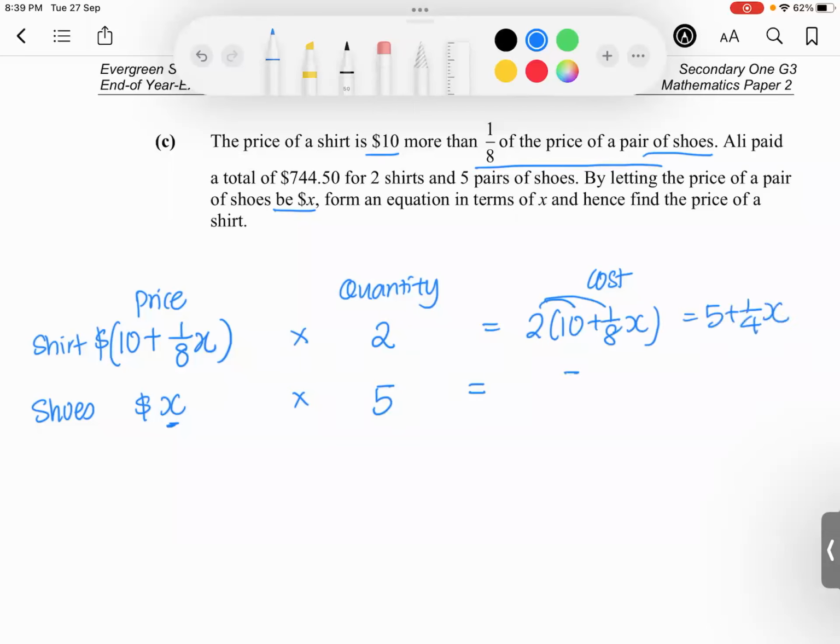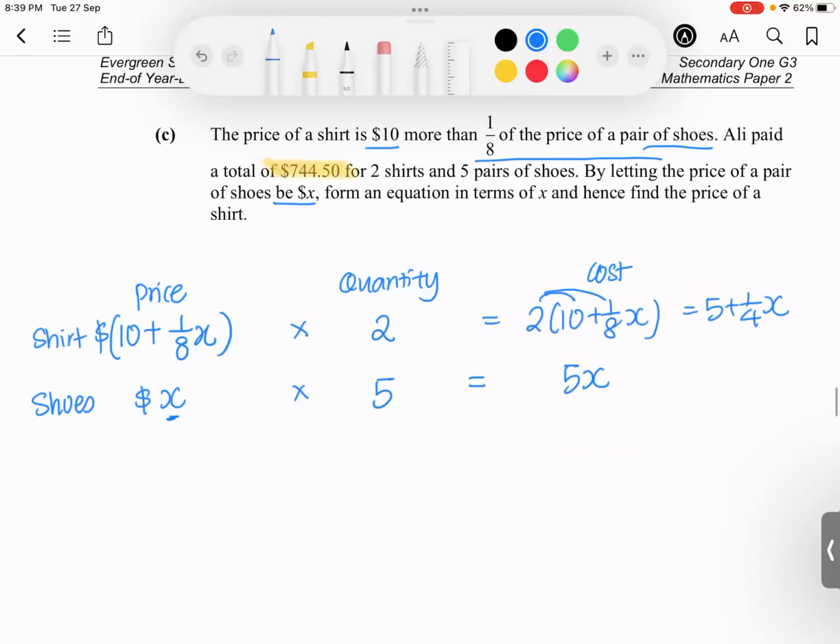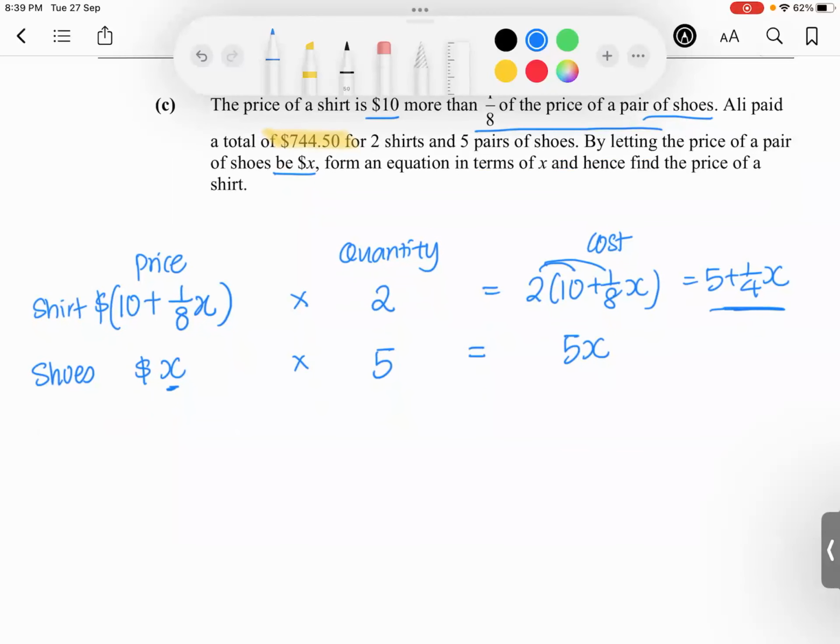Then the shoes will be simply 5x. The question says the total is 744.50, so I take this plus this. Form the equation, then you can get your answer.